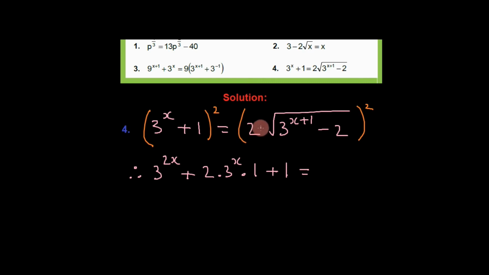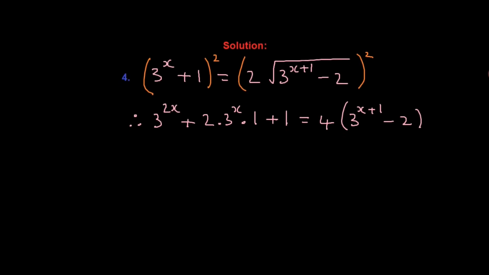On the right hand side, we have 2 squared, which is 4, and squaring the square root, it drops. So we can multiply the 4 into the brackets. Then we can bring all the terms to the left-hand side.